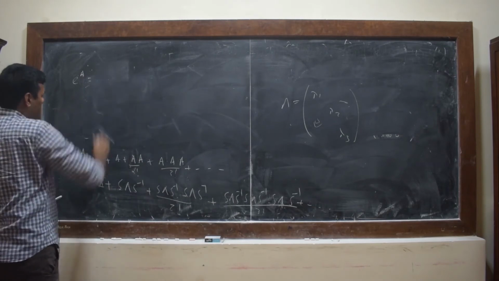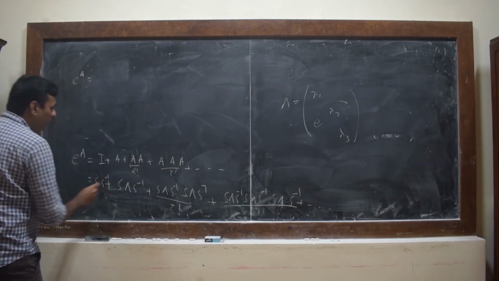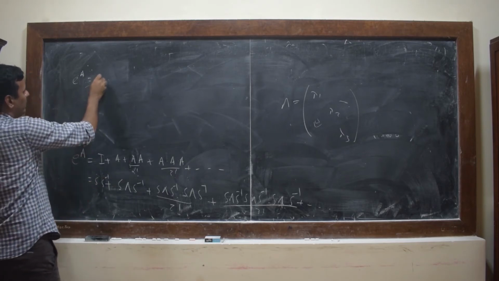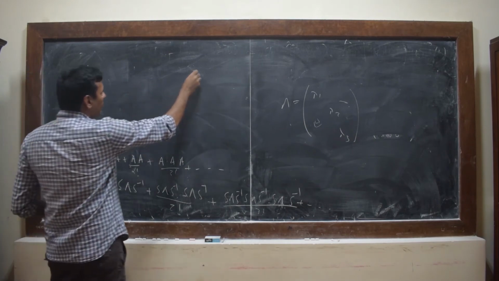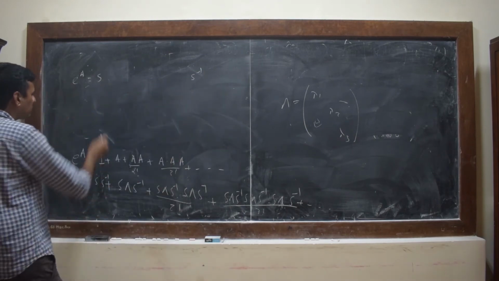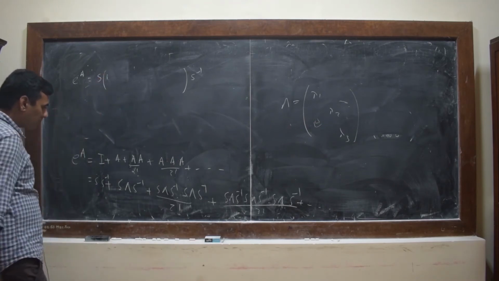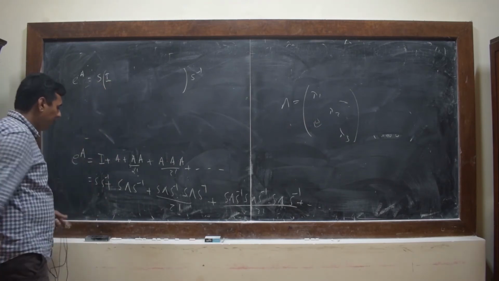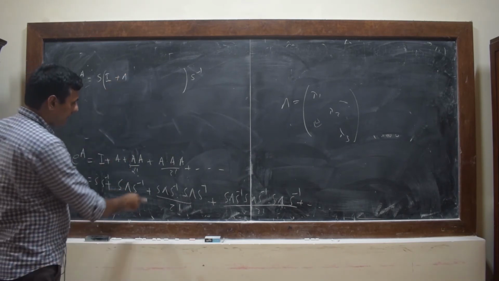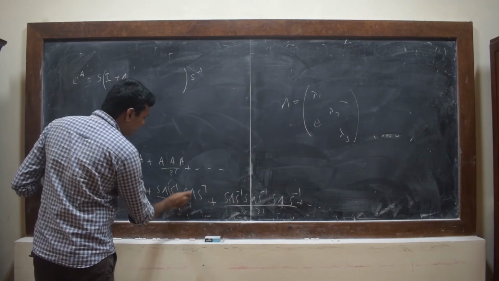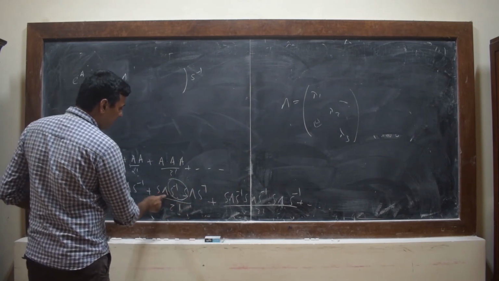So, instead of I, I can write S S inverse. I will take S out from the left hand side, and S inverse from the right. So, what will you get? You will have identity plus lambda, plus, here you can see that this will become identity, so S into lambda squared S inverse.